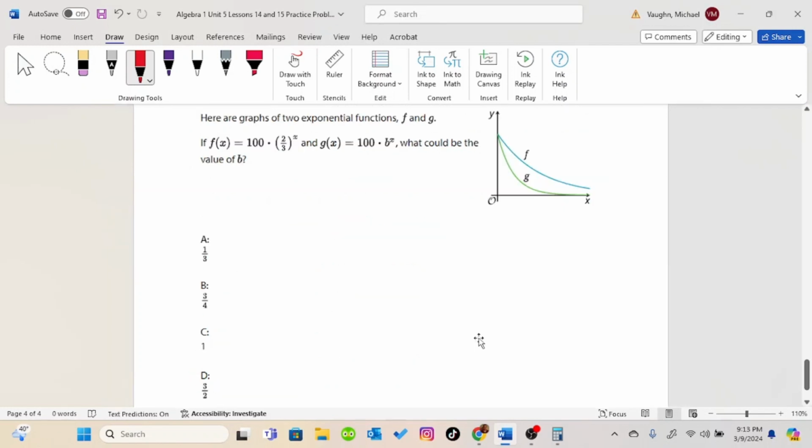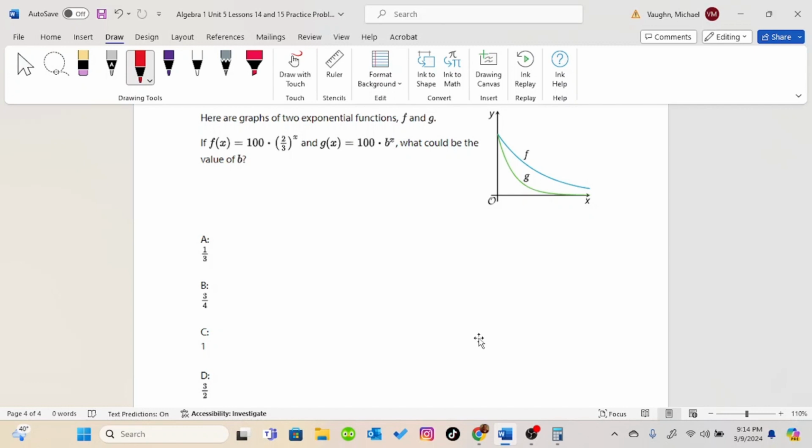Here are the graphs of two exponential functions, f and g. If f of x equals 100 times 2/3 to the power of x, and g of x equals 100 times b to the power of x, what could be the value of b? So b has the exponent.